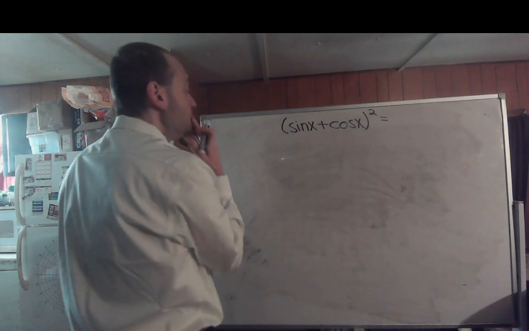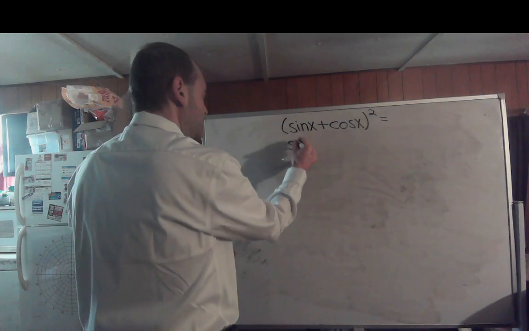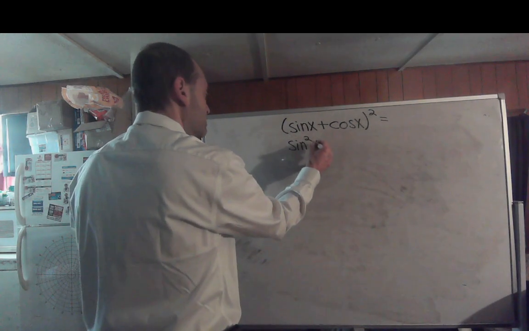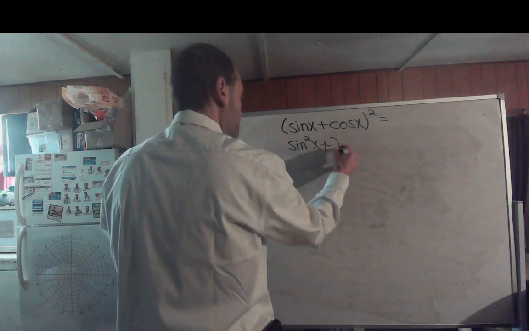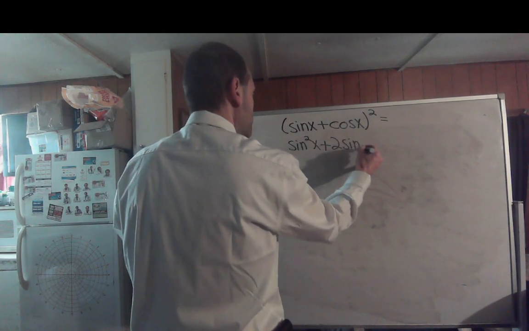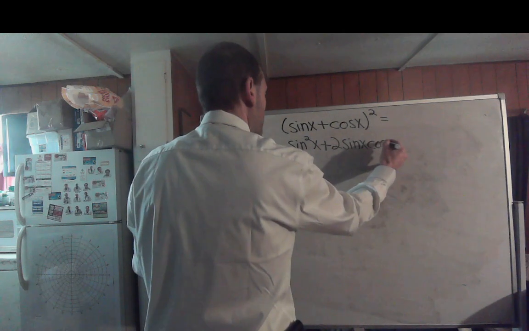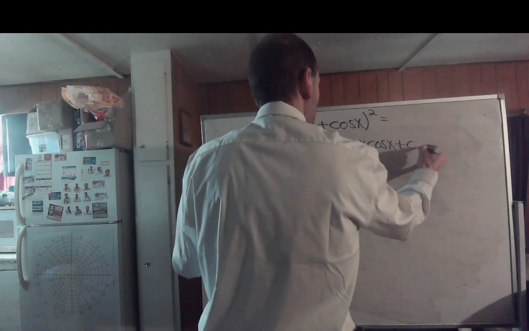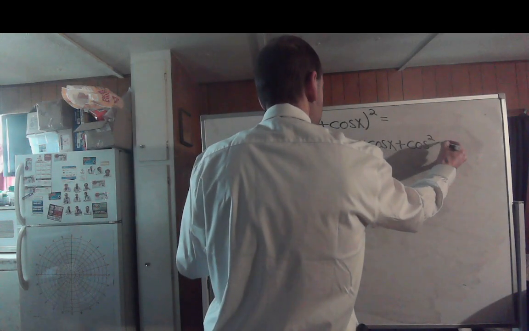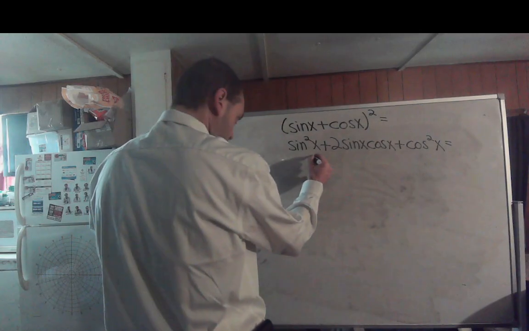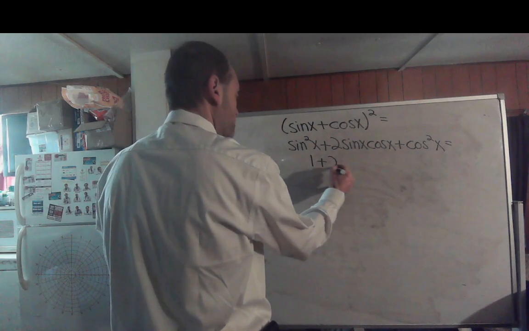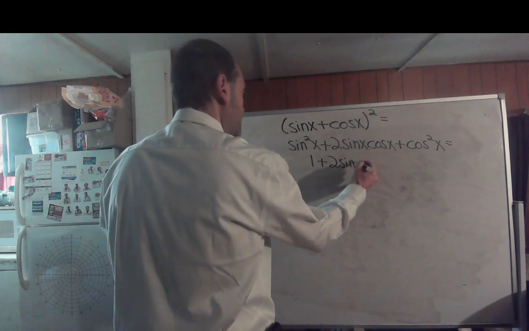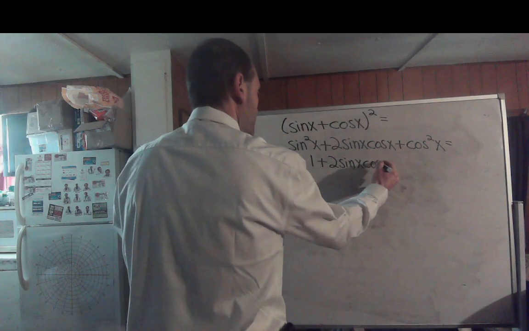Well, this would end up being the sine squared of x plus 2 times the sine of x cosine of x plus the cosine squared of x. Well, what's sine squared plus cosine squared? That's 1. So you would end up getting 1 plus 2 sine of x cosine of x.